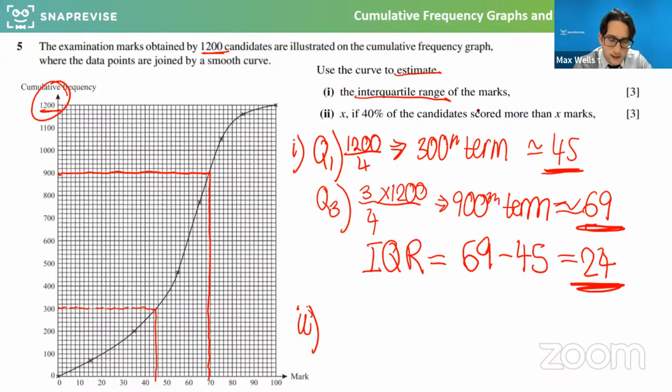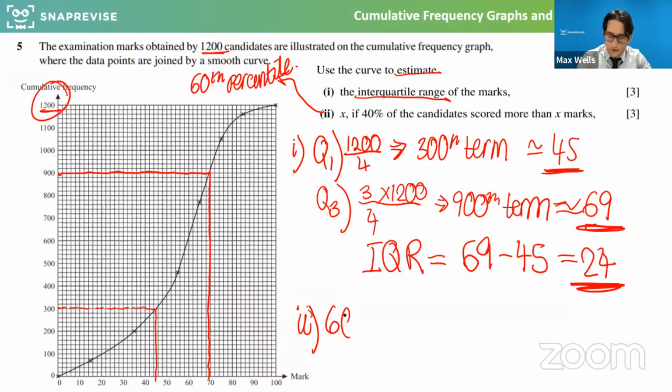So this is another way of saying the 60th percentile, because what we're basically saying here is if 40% of the marks are above that value, 60% of the marks are below that value. So we want to be 60% of the way through the data.